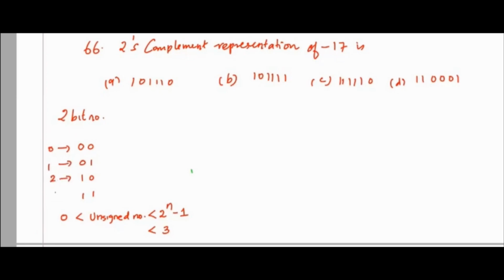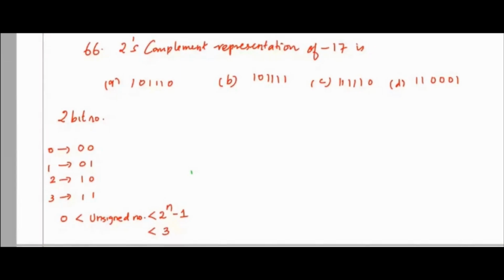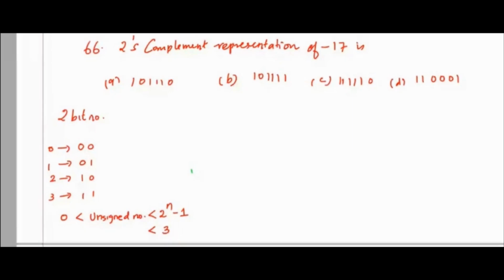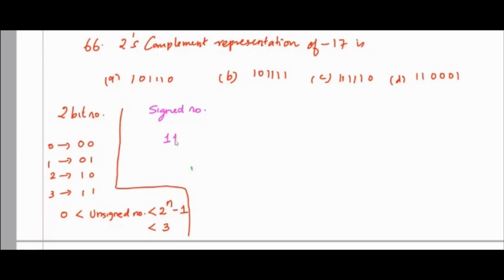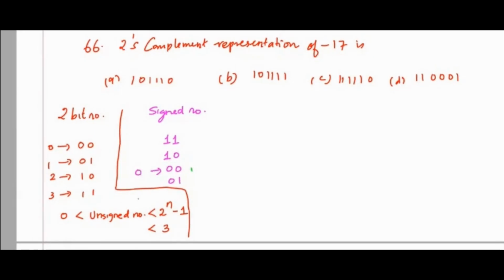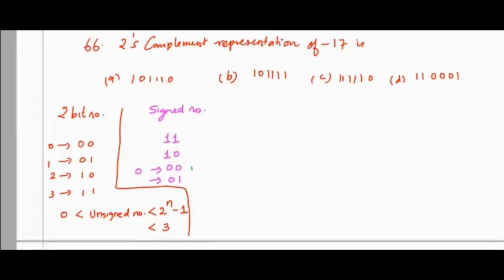Suppose it is a signed number. Then instead of 0 to 3, it will not go that way, because I need to represent the sign in the sign bit also. So here if it is 10, it represents minus 0. If the MSB is 1, it has to be represented as minus.